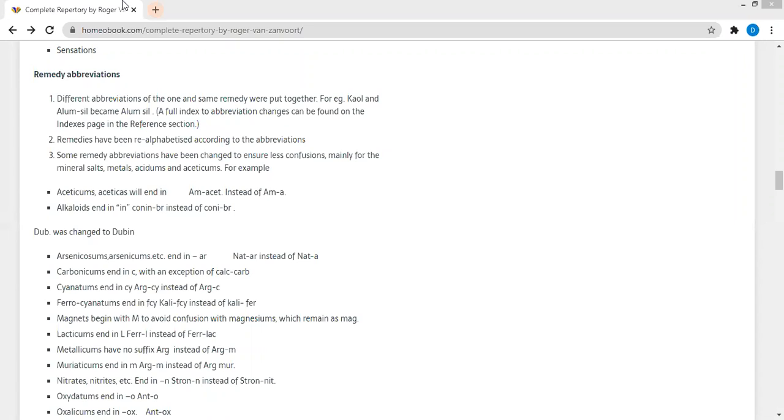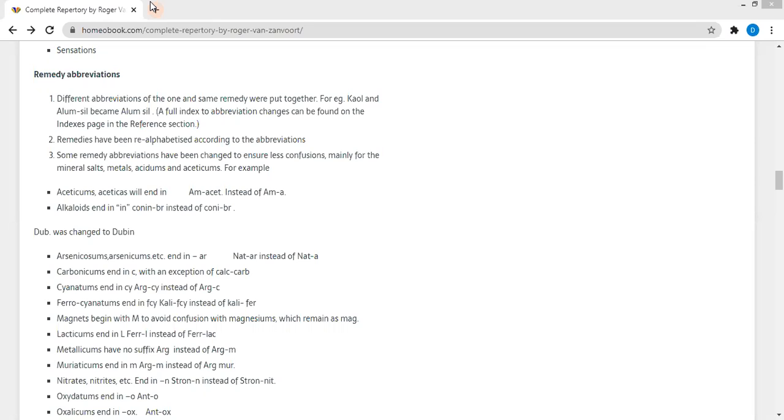For example, aceticums will end in Am-acet instead of Am-ac. So aceticum is given in the short form ACET.